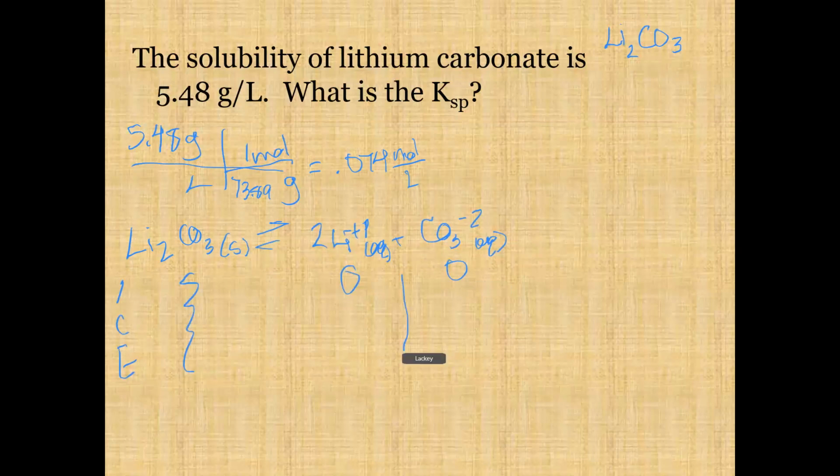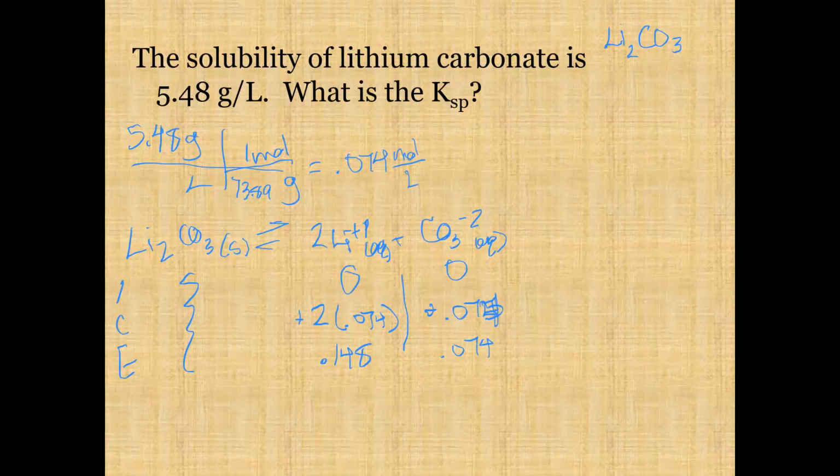For lithium, this is going to increase twice as much as carbonate. So remember, our coefficients matter. So it's going to be 2 times that molar solubility, the 0.074, whereas carbonate will just increase by 0.074. So lithium's equilibrium concentration will be 0.148, whereas carbonate is going to be 0.074. Excuse me, I miswrote that up above.